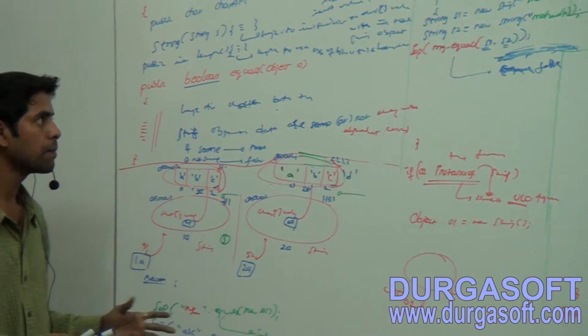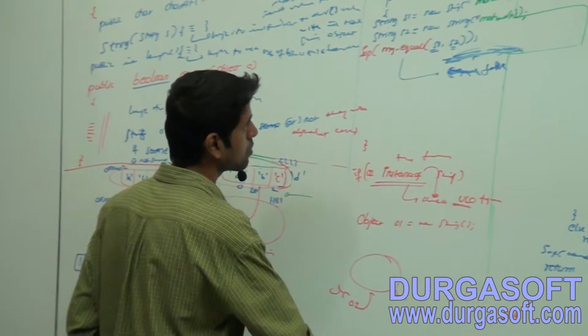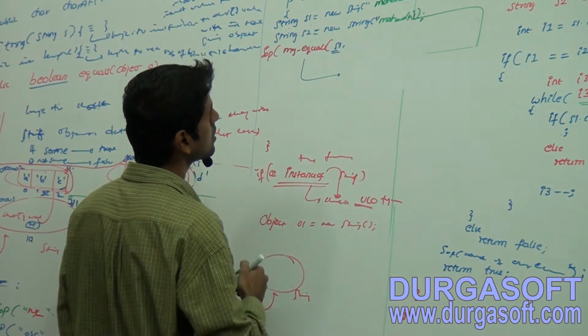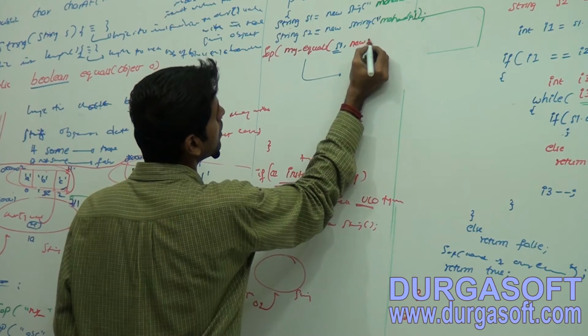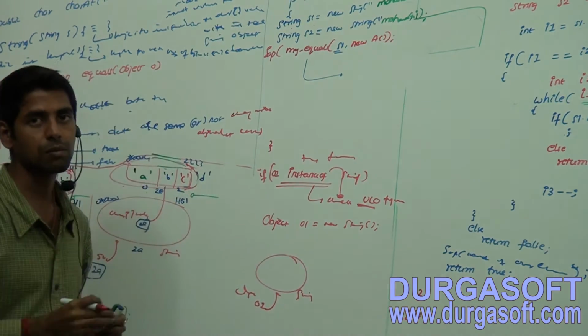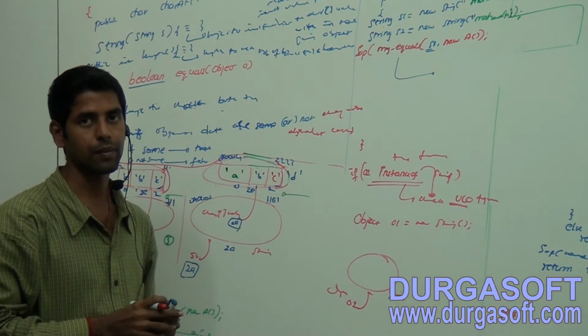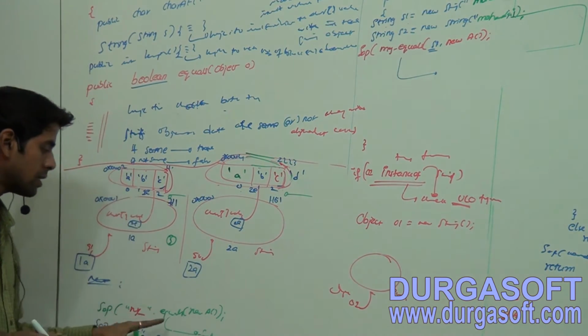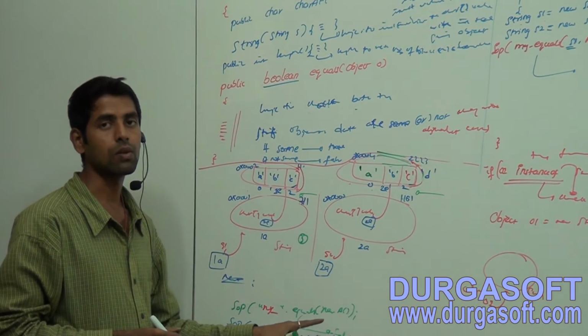Here, if I pass s1 of some different object, it is returning class cast exception at runtime. How to avoid that one? But if it is like string class equals method, it is giving false to us.